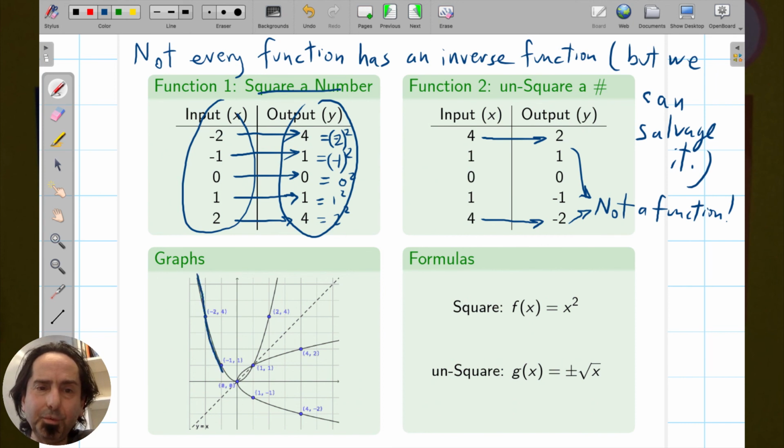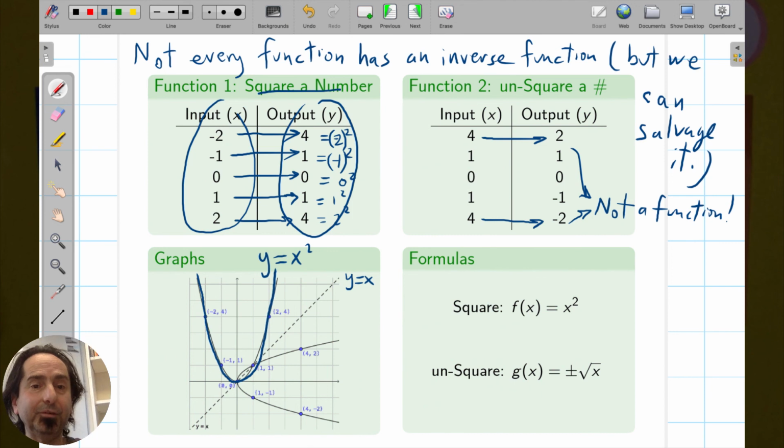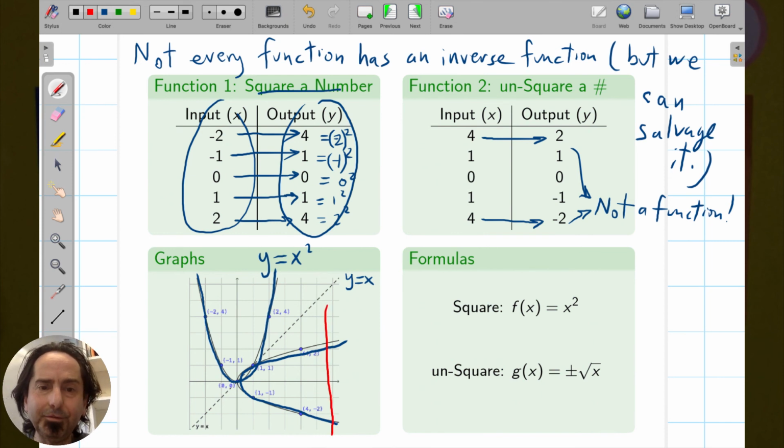Here's the squaring function. It's this beautiful parabola, y equals x squared. But if we reflect it across the line y equals x by switching the x and y coordinates, we get a sideways parabola, but that does not satisfy the vertical line test. Here's a vertical line. It fails the vertical line test. So it's not a function.